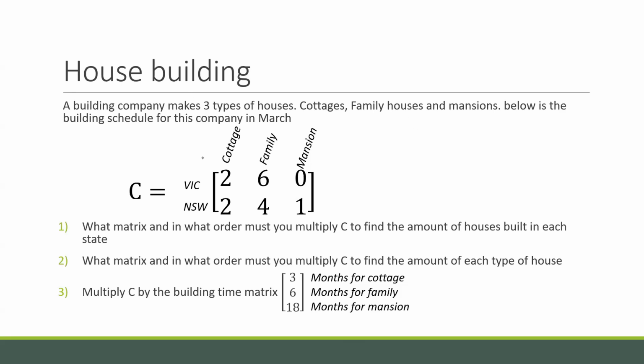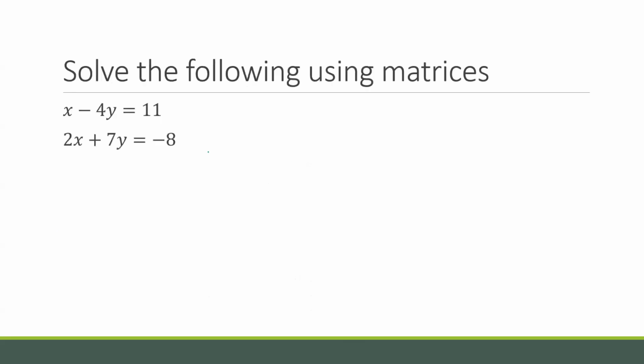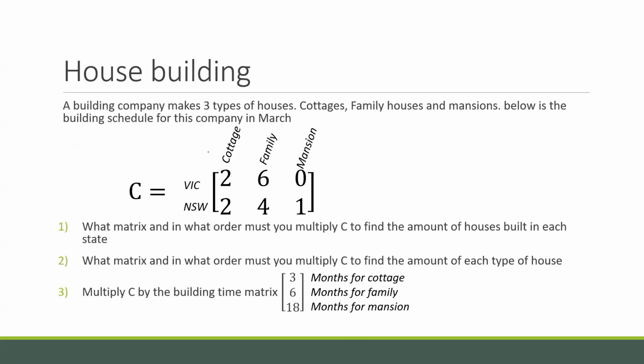We want to sum all of this row, and remember, if we want to sum all of this row, we need to go row, then column. How big is this column? Well, this is a 2 by 3, so this has to be a 3 by 1. That's what you would need to do. So that's your answer to question 1, the 1, 1, 1 matrix.